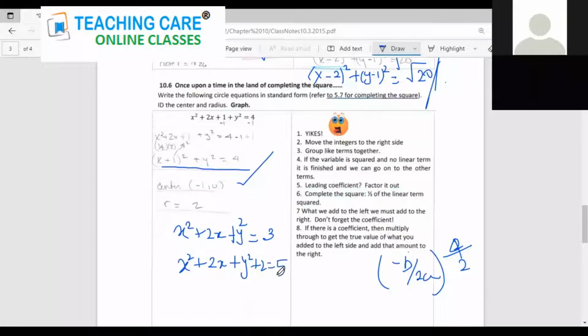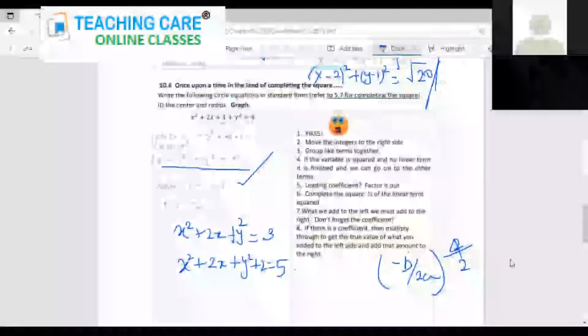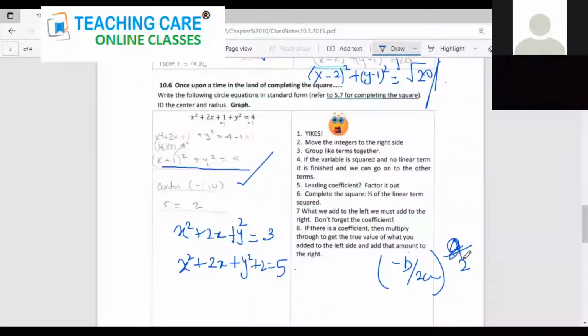Am I doing this correctly? Just give me a second. What I did is wrong, it's b by 2a. I'm sorry, I made a mistake. It's b by 2a, so this will be 1 squared, which is 1. So this would be 4 here.